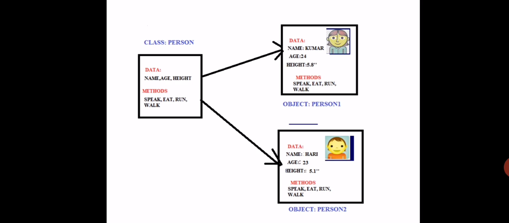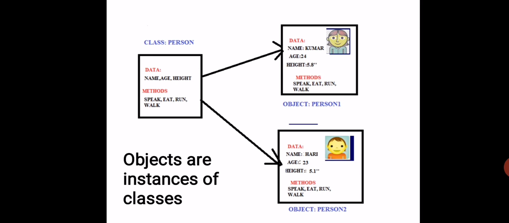From these classes, we can create any number of instances or objects like person 1, person 2, and so on. So objects can be thought of as instances of classes. Instances means examples.